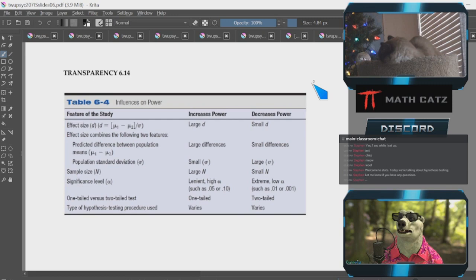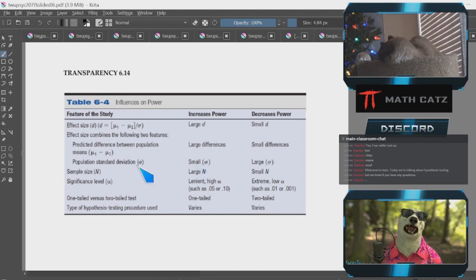Effect size corresponds to the predicted difference between the population means. The effect size is just a standardized version of that. Of course, a large difference, a large effect size, will imply that the top distribution is shifted much further.